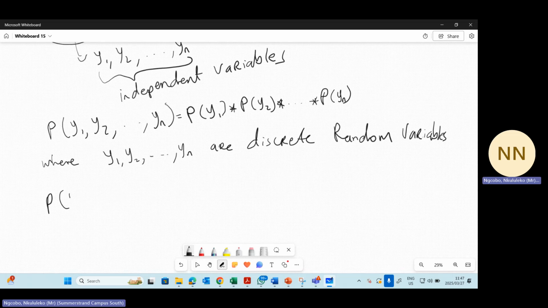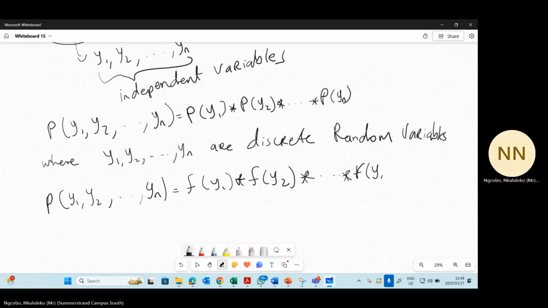Still the same thing. The probability of y1, y2 up until yn is just given as f of y1 multiplied by f of y2 up until f of yn, right?